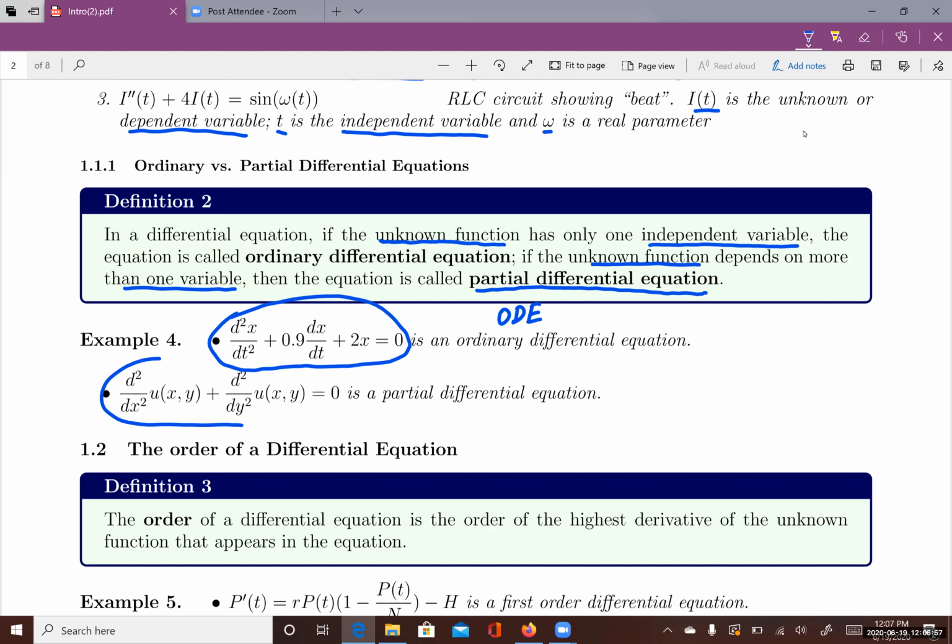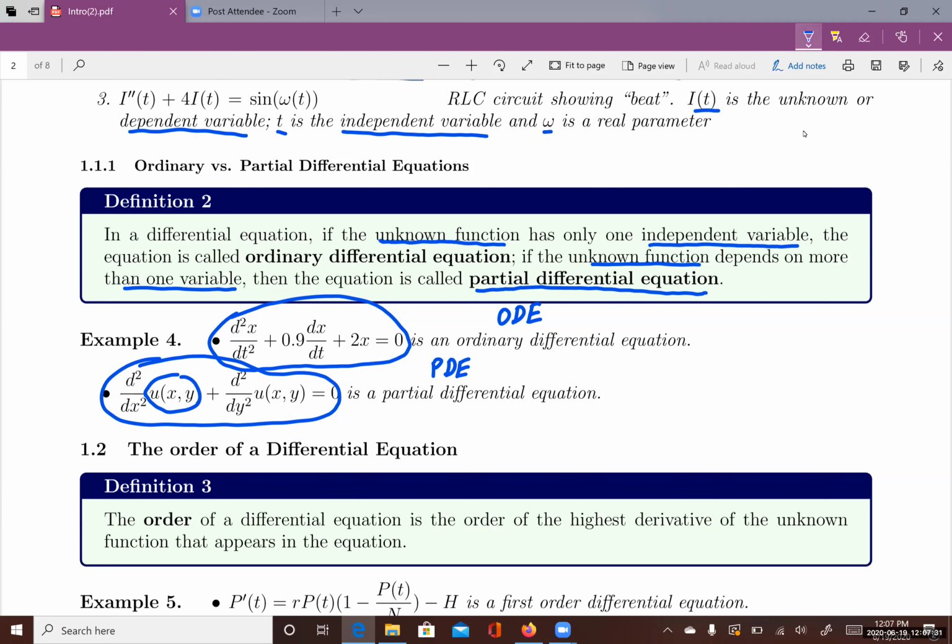Versus this equation here, where u is the dependent variable. This unknown function depends on two variables, x and y. So x and y are two independent variables. That's why this equation is a partial differential equation. And usually people use PDE for partial differential equations.